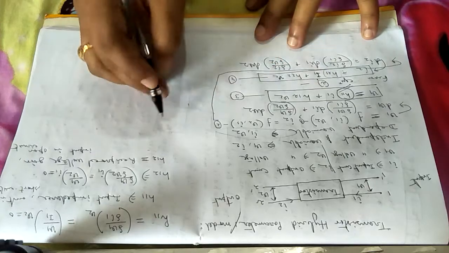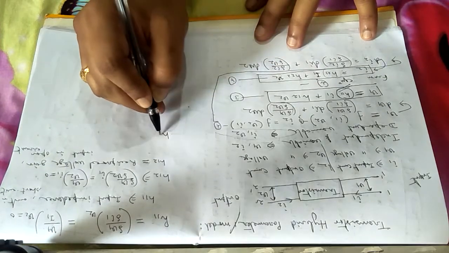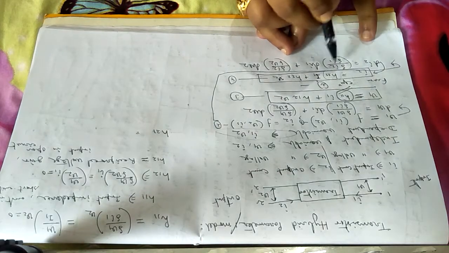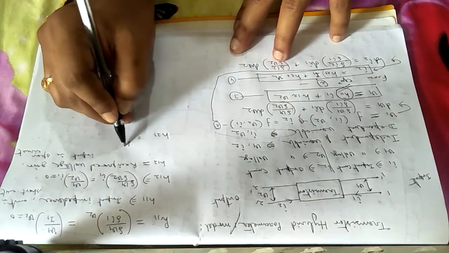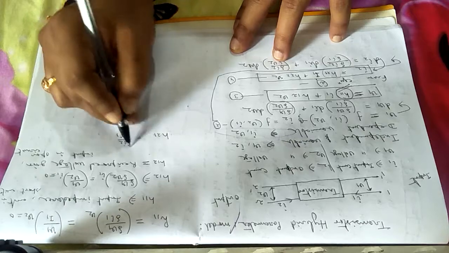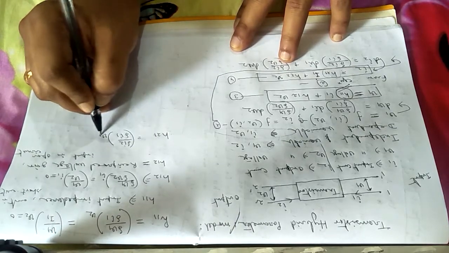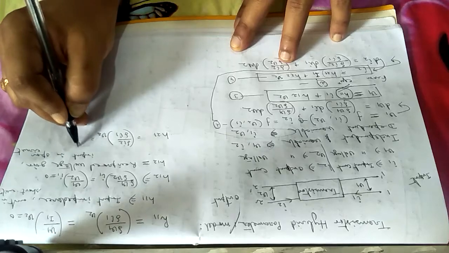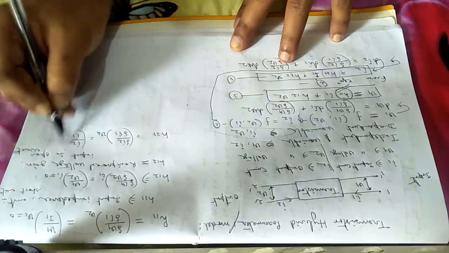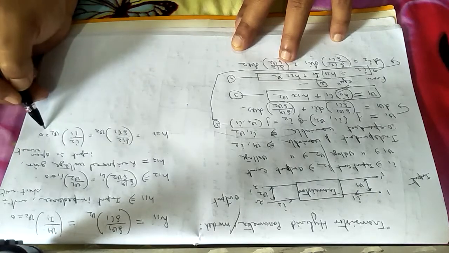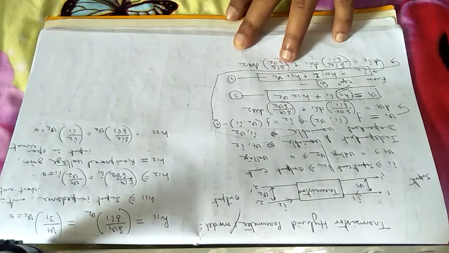Now I am targeting the third parameter, that is H21. H21 stands for what? Del I2 by del I1 when the other parameter is constant. What is the other parameter? V2. I can express this one as I2 by I1 when V2 equals 0. V2 equals 0 means output will be short circuit.